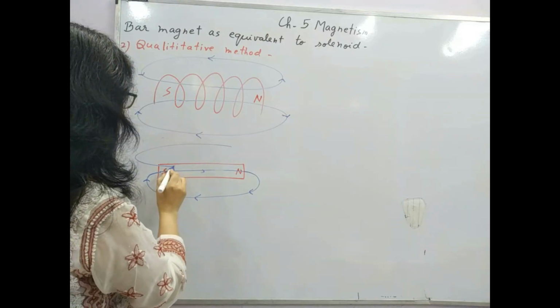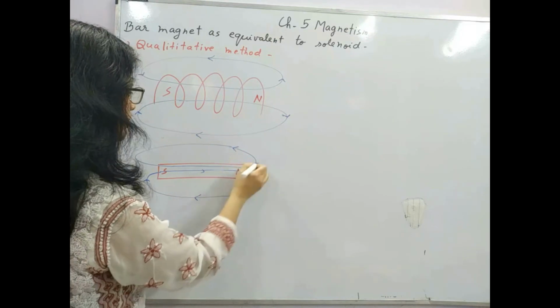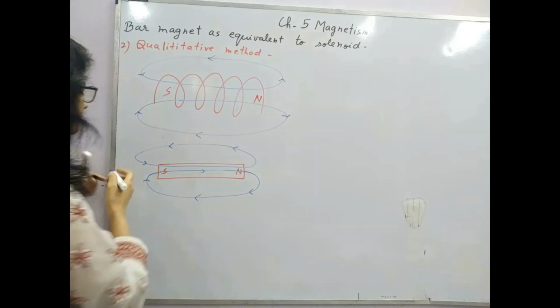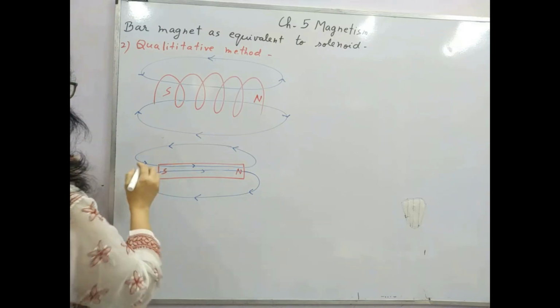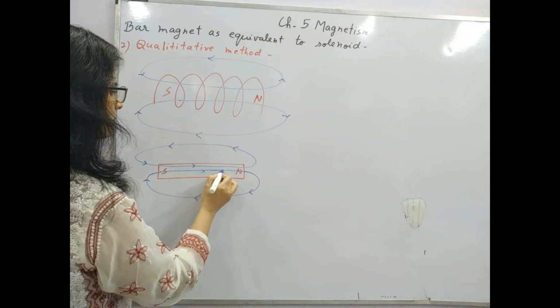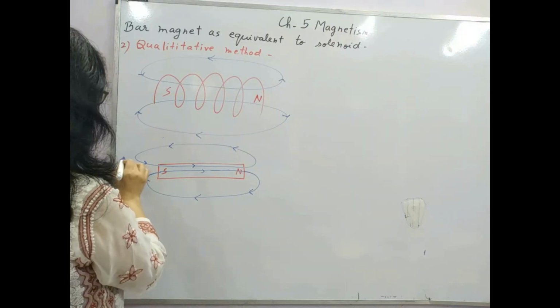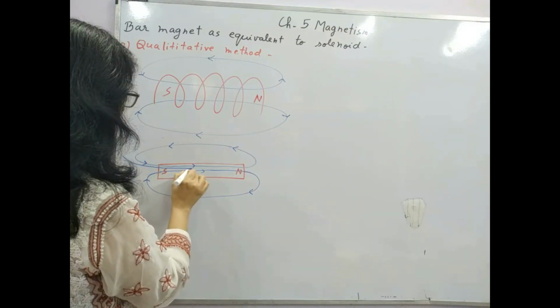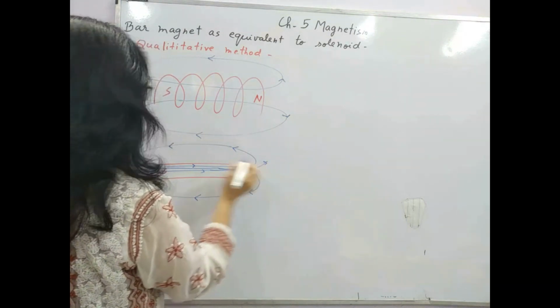Remember, these will not cross each other. So I am drawing a few lines just to symbolically represent it. And here also I am drawing just one line so that there is no cutting of the lines.